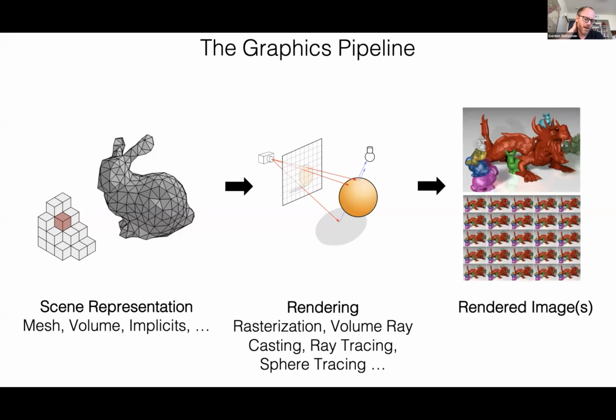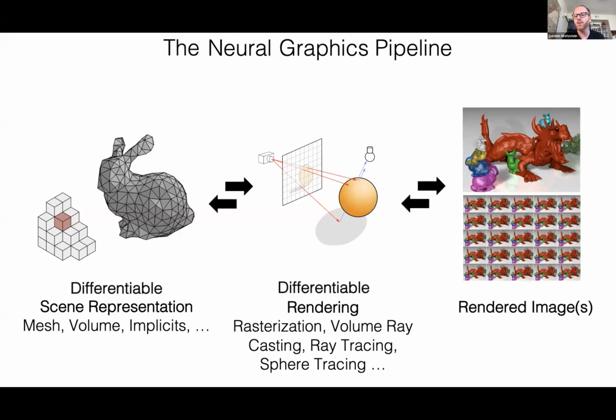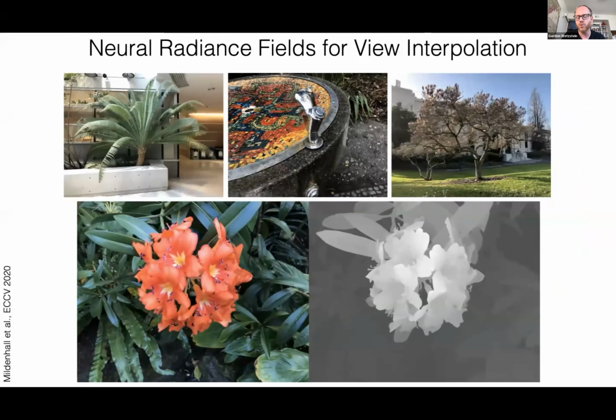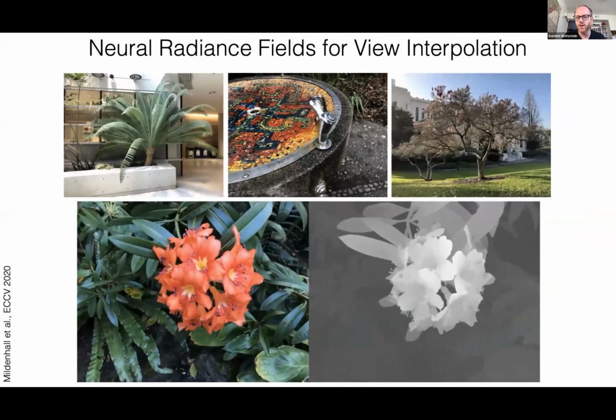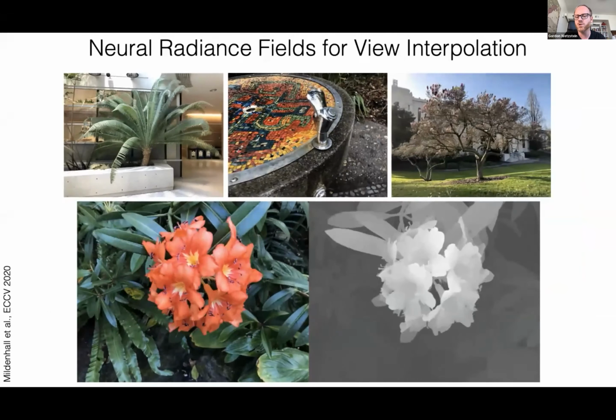So really what we've done over the last few years in the computer vision community and in this neural graphics community is to make all of this differentiable. This is really nice and powerful because we can now use images and differentiate back into the 3D representation to optimize a neural field, neural radiance field, or some other 3D representation from just images.